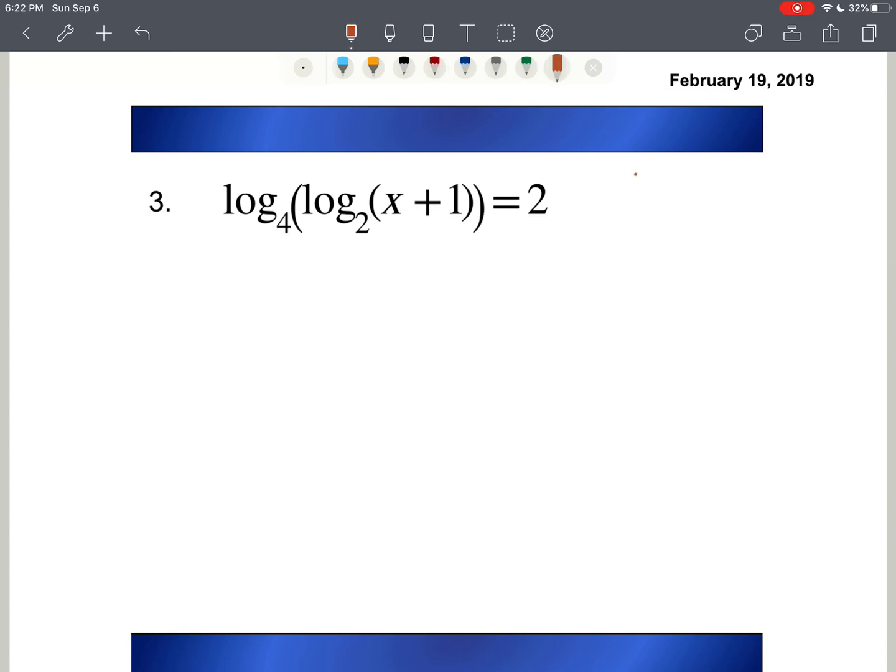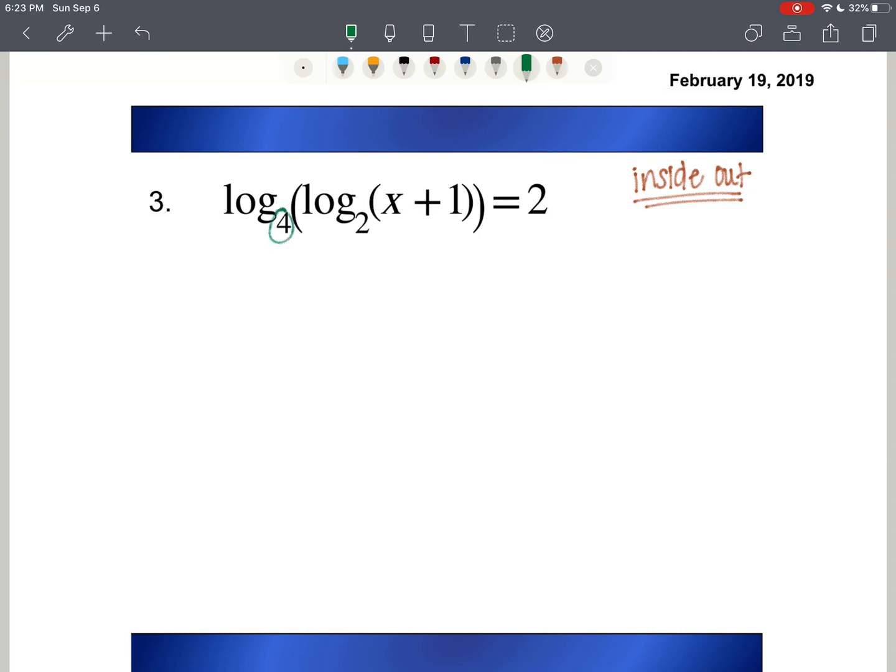So I always start from the inside out. In this case, I can't do that because I'm stuck here in the parentheses. So there's nothing there for me to get to. So going from the inside isn't going to be very helpful this time.